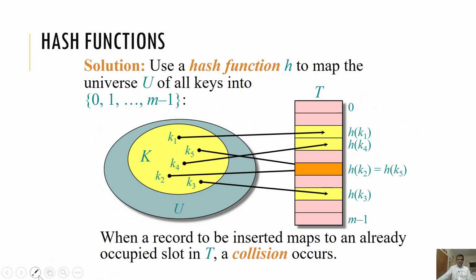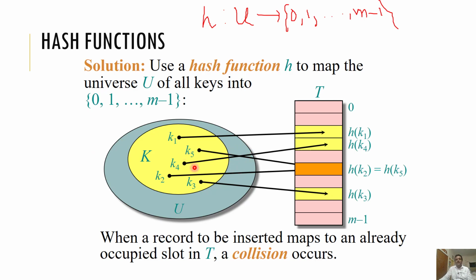So h is a function from the set of all possible keys to the fixed slots 0, 1, up to m minus 1, which is small. This domain is very big, but this is smaller. So we cannot have a one-to-one mapping. That means collision is expected. Collision must be there.